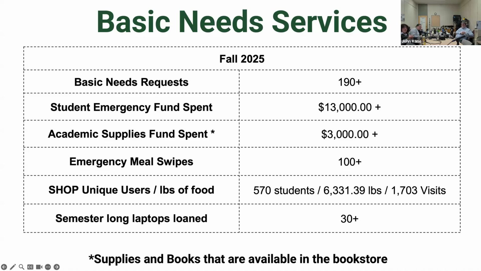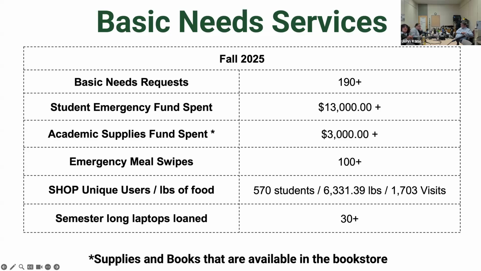At SHOP, we saw a huge growth from the previous academic year and academic semester. And thanks to our new pantry management software, PantrySoft, we're now better able, or at least more accurately able, to track student utilization. So last semester, we had over 570 students visit SHOP 1,703 times.